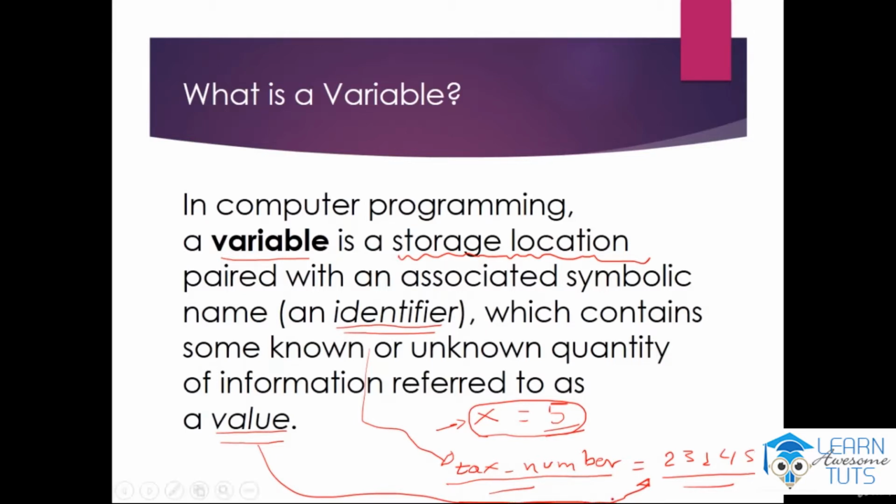So actually, in computer programming, a variable is a storage location. As we said, an identifier, and contains some known or unknown quantity of information referred to as a value.